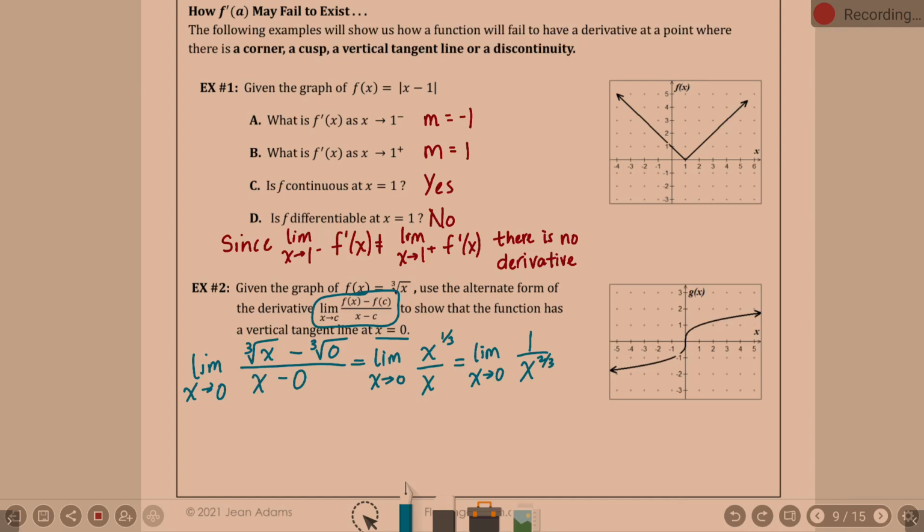What do you get when you take this limit? You plug in, you're at 1 over 0. I'm going to use the vocabulary undefined. I'm going to say, therefore, my limit is undefined.